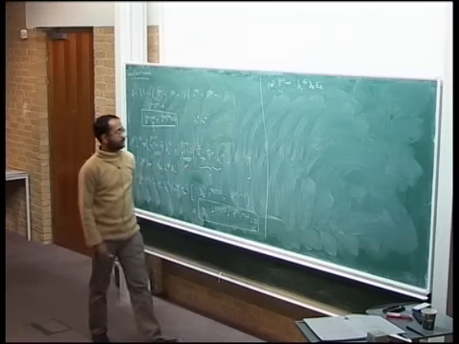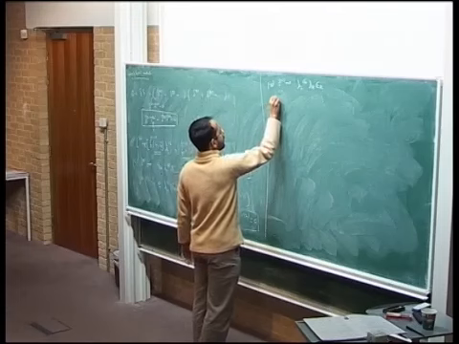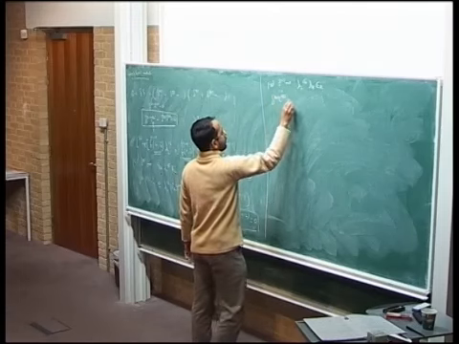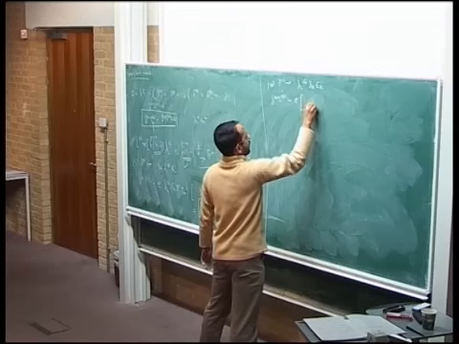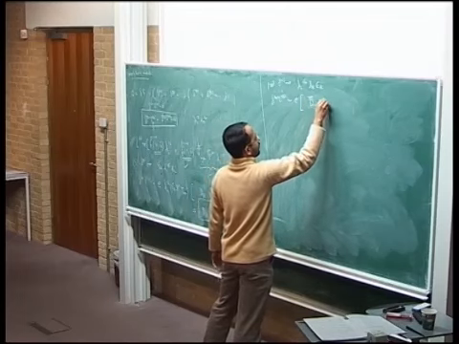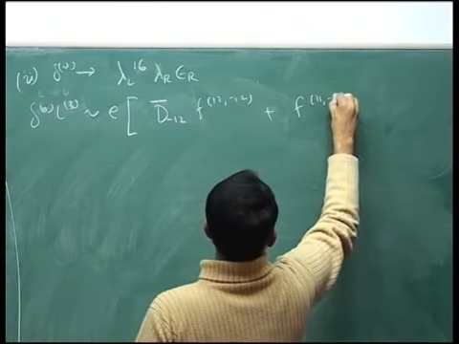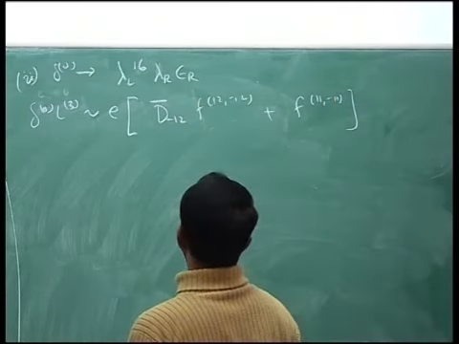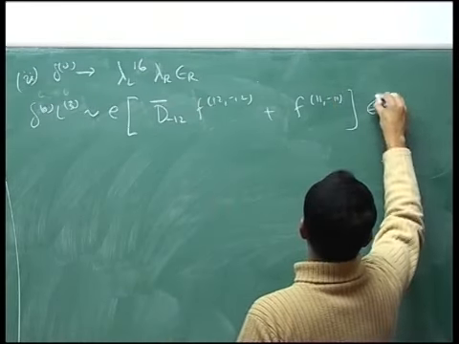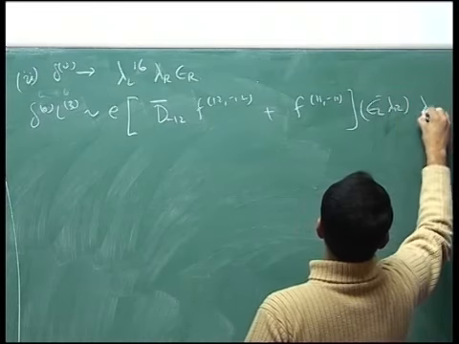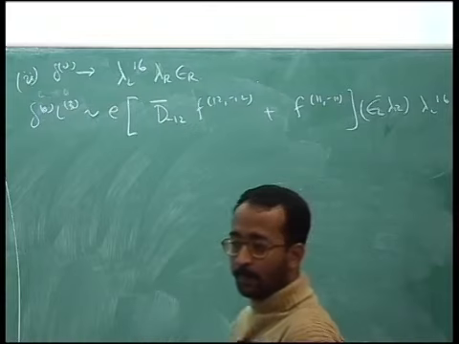That can be calculated also. And again, what you get is delta L3 turns out to be E, d bar minus 12, f12 minus 12 plus f11 minus 11 times what I had here, so it's epsilon bar L lambda r lambda L to the 16.